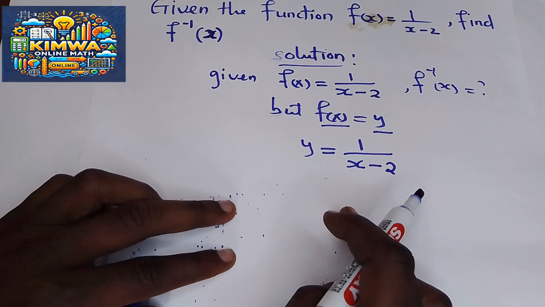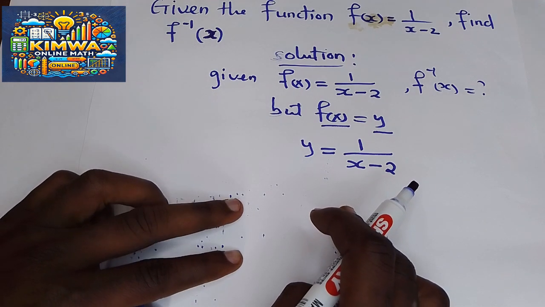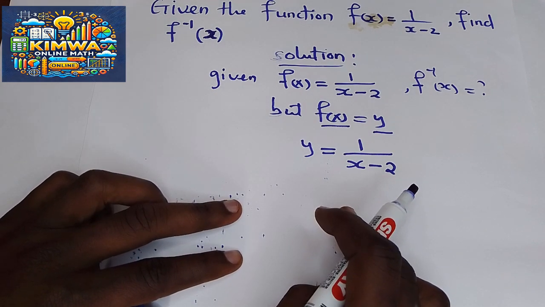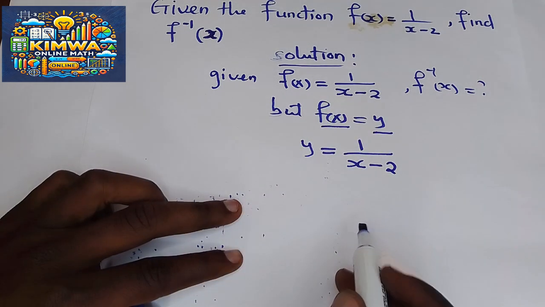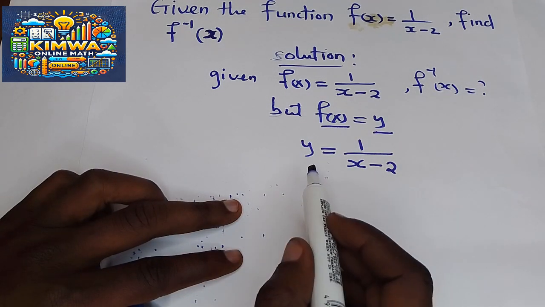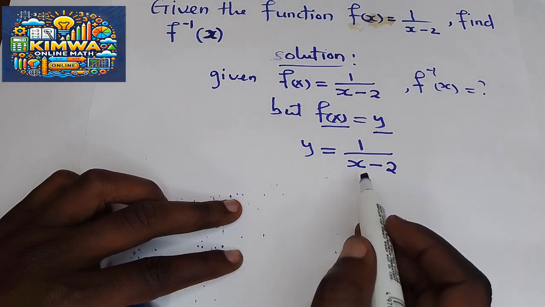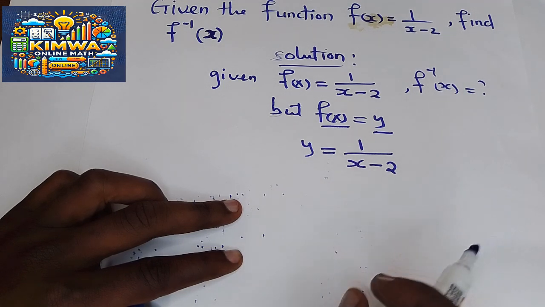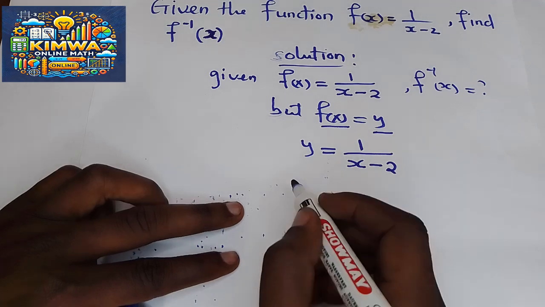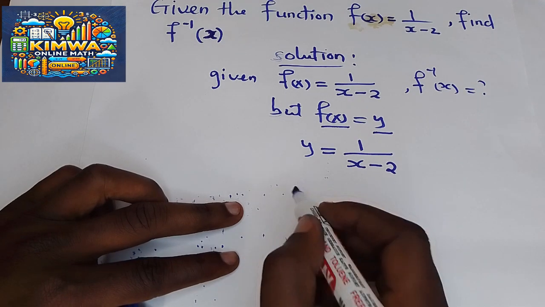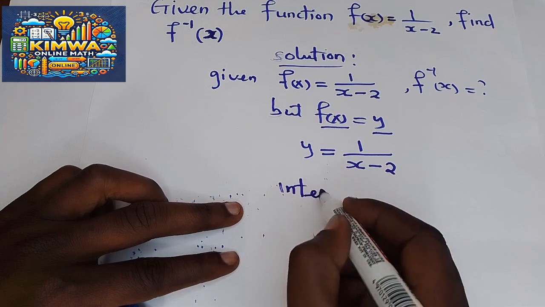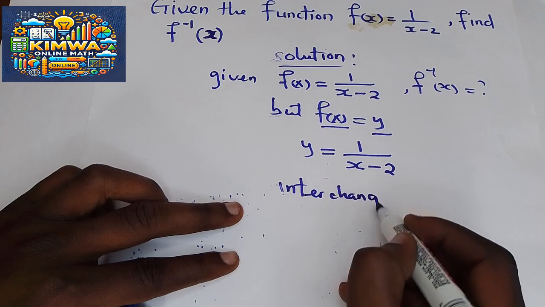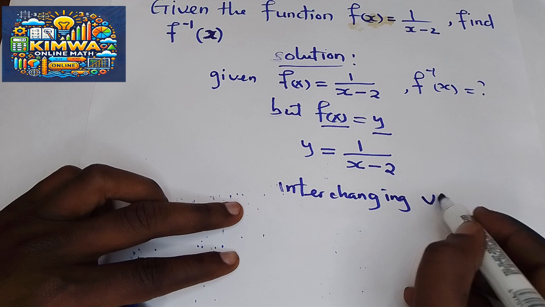It is very simple. In order to make the inverse of the function, we are supposed to interchange the variables. This question comprises two variables. The first one is y and the second one is x. So our next step is to interchange the variables.